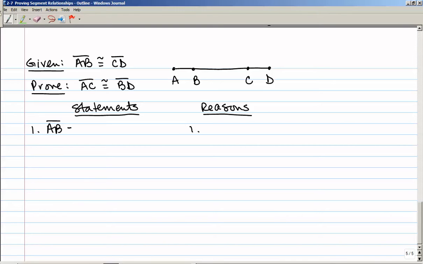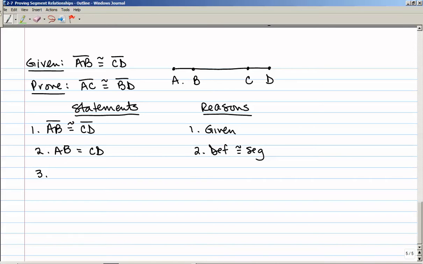So start with your given. And I have a feeling I'm going to be using segment addition postulate again, so I need to turn that into an equal sign. And I do that with definition of congruent segments. Okay. And now here's kind of a strange step.